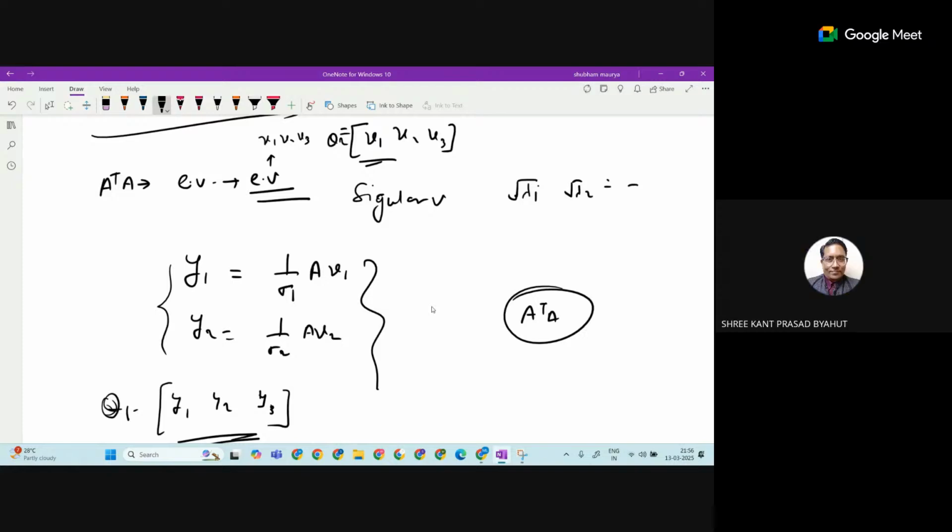Not in the theorem, but it is given in the solution of the graded assignment. It has been used: A transpose, and then the formula used was A transpose V1, where V1 was coming from Q1.